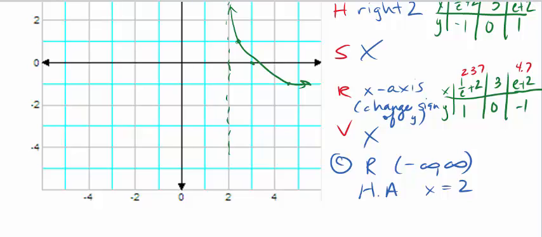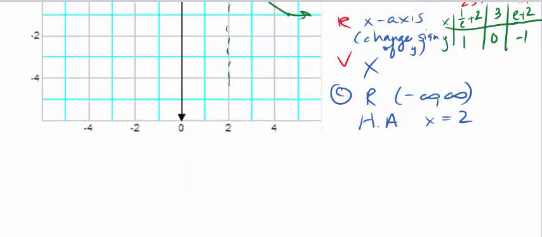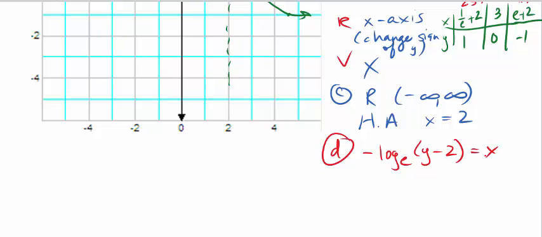So part D, we're just going to find the inverse of f. So remember, find the inverse. Step 1, switch the x and the y. So we have, and I'm going to write out the log as log base e, and switching x and y, because that's how we find the inverse.